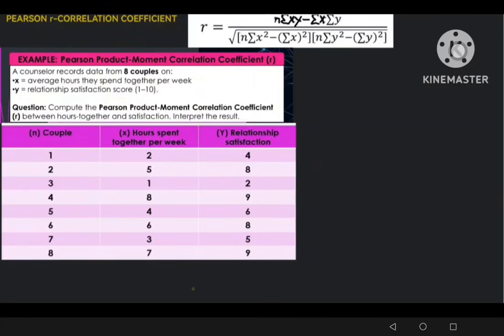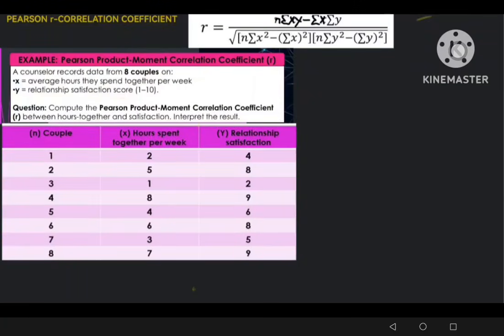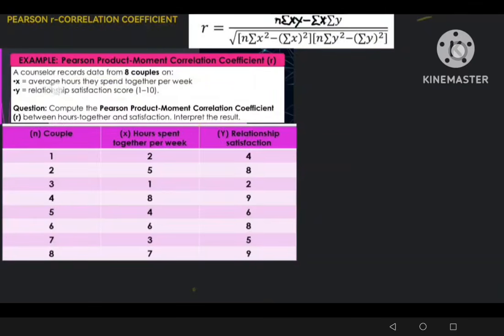Let's have here our example in Pearson R correlation coefficient. Again, we are following this formula here. So you can see the formula is at the bottom, and we have here our problem. Let's read this one. A counselor records data from 8 couples on the value of X and the value of Y. That's our variable. X represents the average hours they spend together per week. So we have 8 couples who spend time together, depending on the hours they spend together per week.